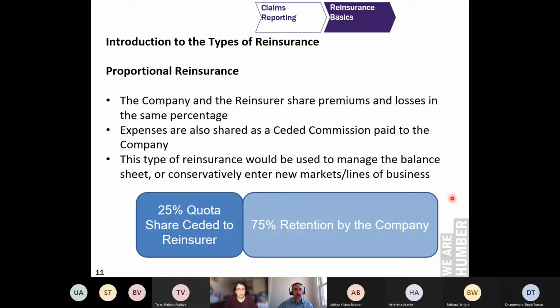And this is one area where I did pull up those charts in last class, and you could go back to the recording. I'm not sure if we'll get to it today, but when I illustrated, when we do quota share, we do the illustration to stack it side by side for a specific reason that I'll describe now. So we're sharing premiums and losses in the same percent. The expenses are shared as a ceding commission.